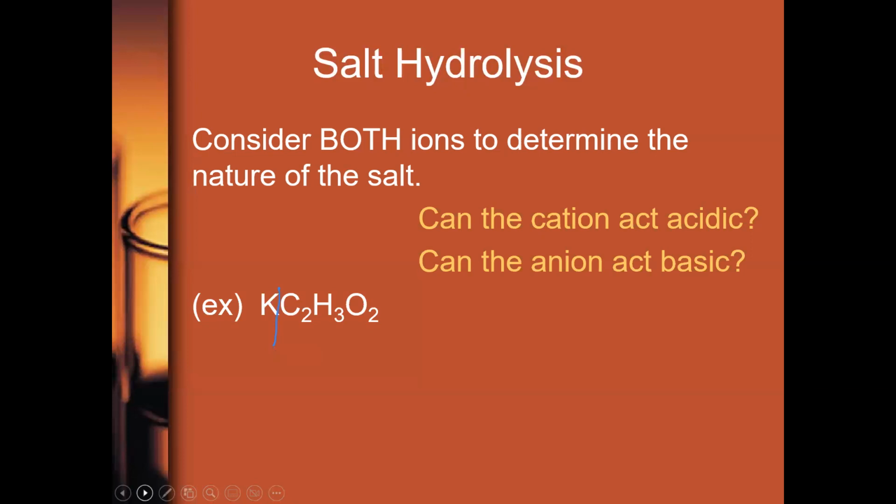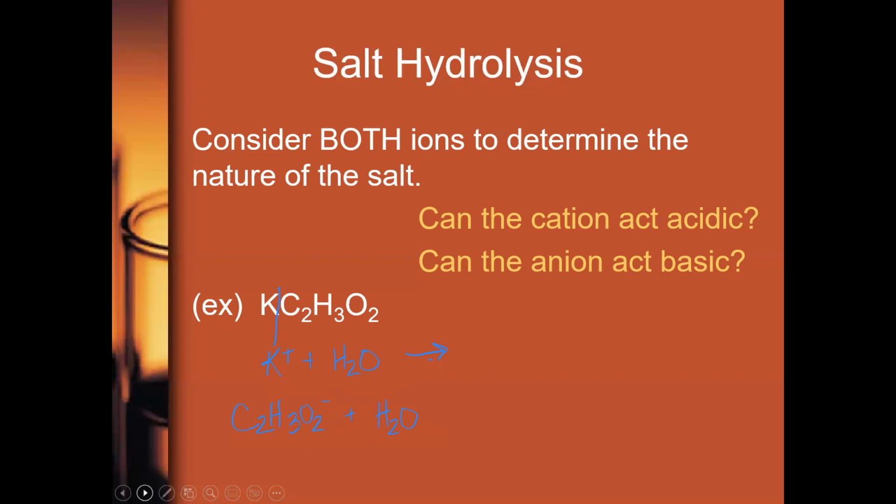So we need to react both with water to see what they are going to produce. If I react potassium with water, and then I'm going to react the acetate with water. Potassium and water: potassium should be acidic and give up a hydrogen.